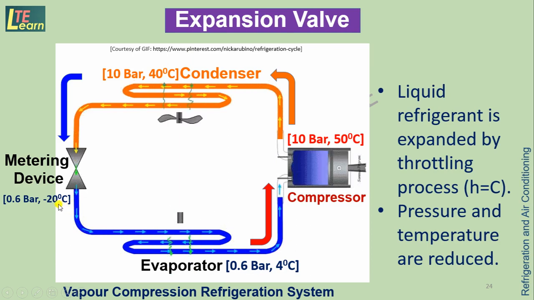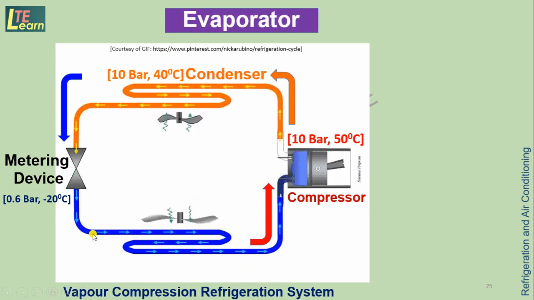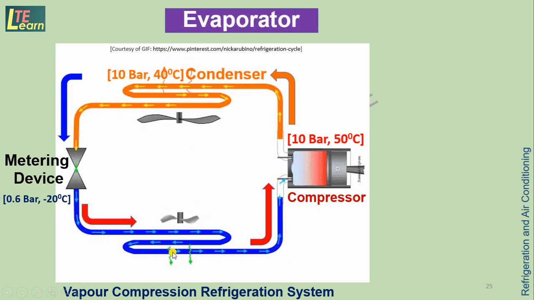So here, after the expansion, temperature of the refrigerant is going below 0 degrees Celsius because of the low boiling point of the refrigerant. Such cold and low pressure refrigerant now is coming to the evaporator.